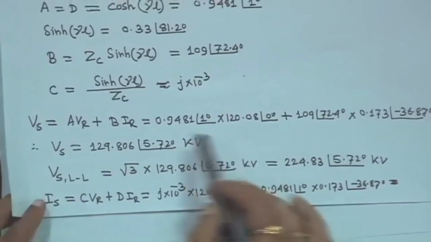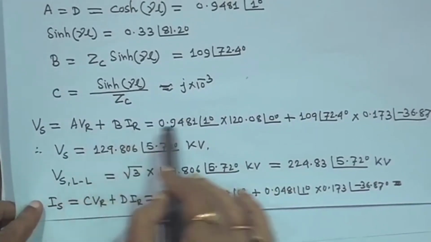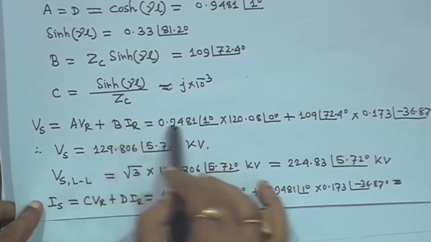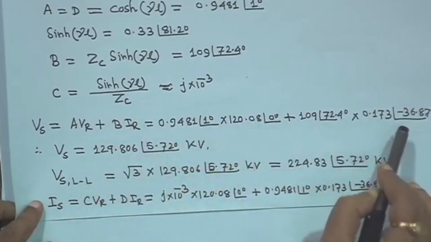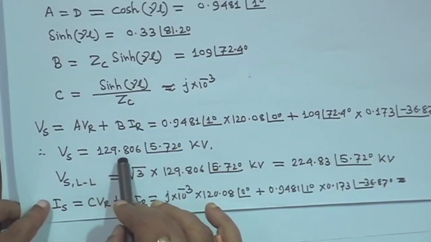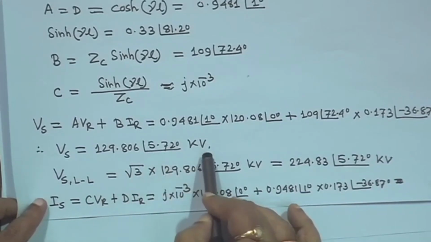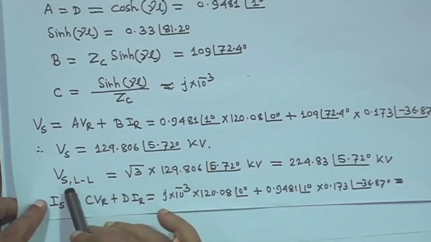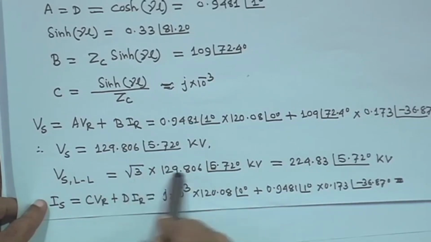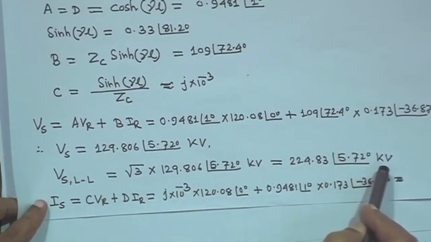Now, sending end voltage Vs is equal to A VR plus B IR. So, A, VR, B and IR, you substitute here, all these values have been substituted, and you will get Vs is equal to 129.806 angle 5.72 degree kilovolt. Therefore, sending end voltage line to line, multiply by root 3, is 224.83 angle 5.72 degree kilovolt.